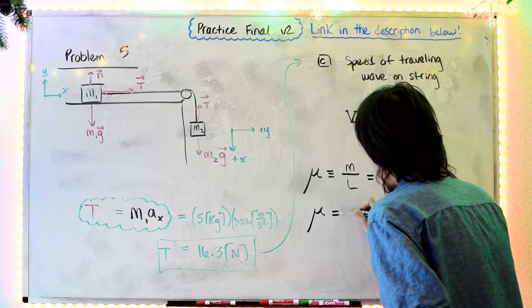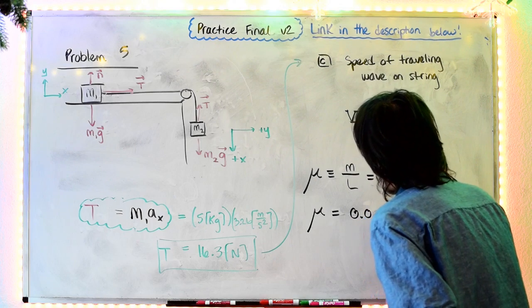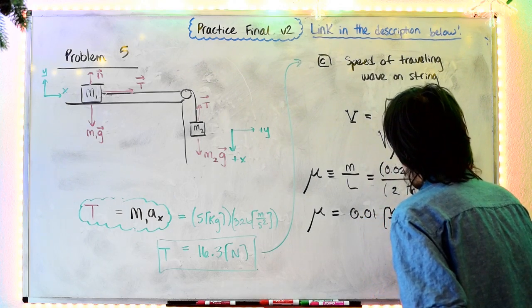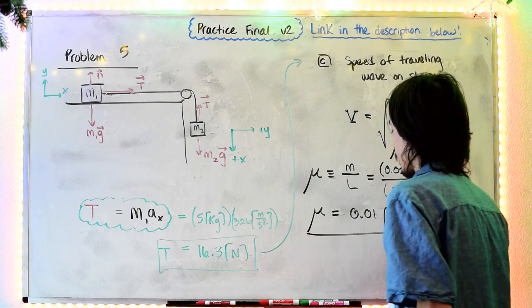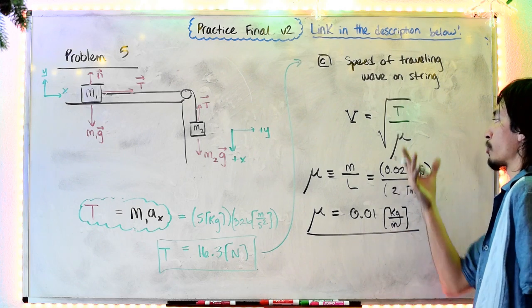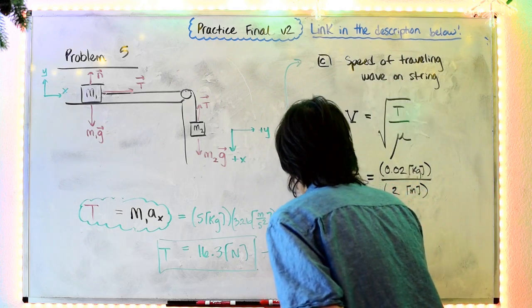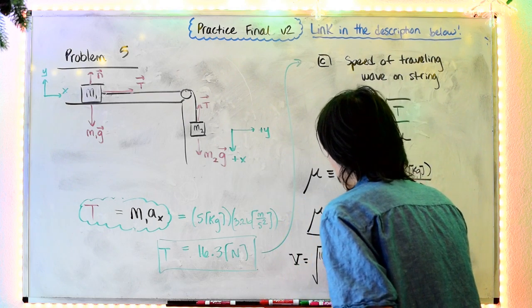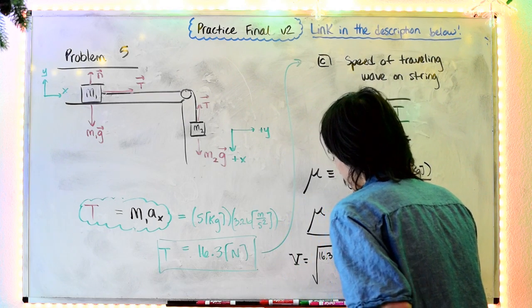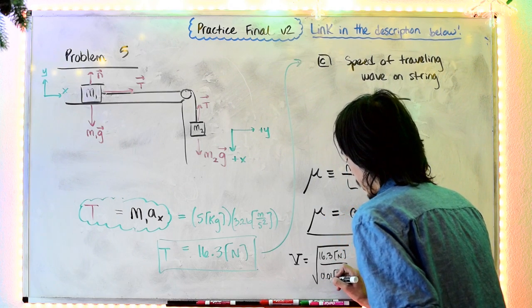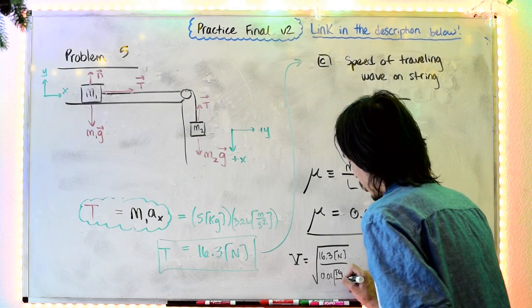So the linear mass density ends up being 0.01 kilograms per meter. Okay. So we have the linear mass density now. We just plug it in. So v is the square root of the tension, which is 16.3 newtons, divided by 0.01 kilograms per meter.